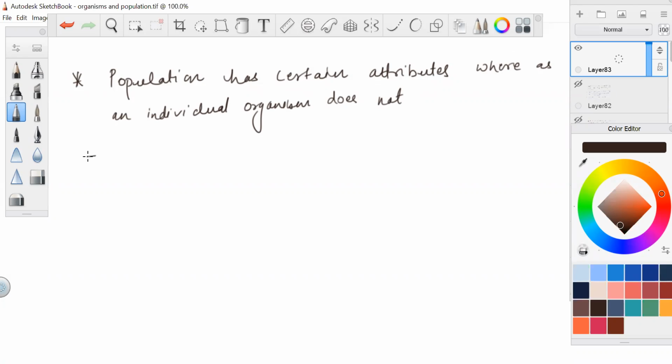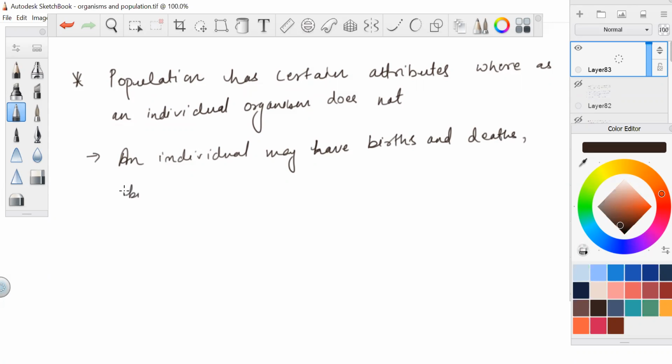An individual may have births and deaths, but a population has birth rates and death rates.